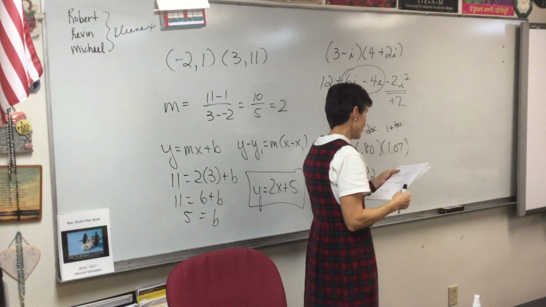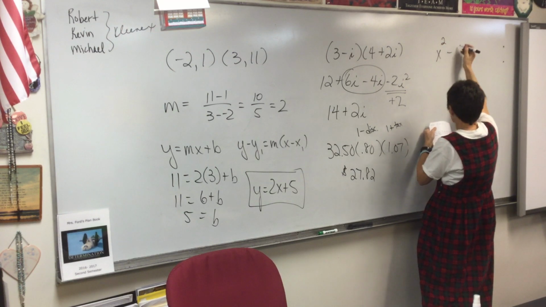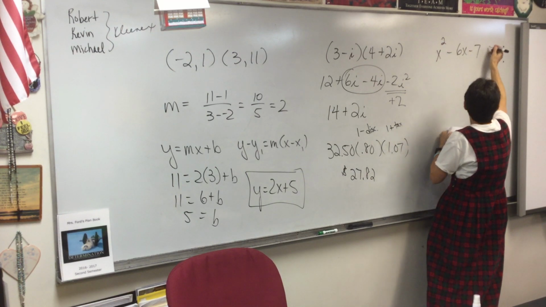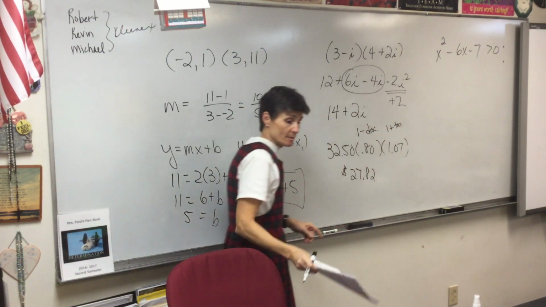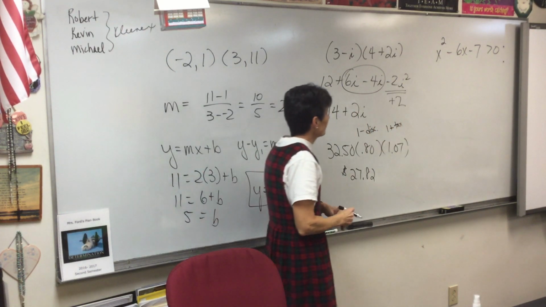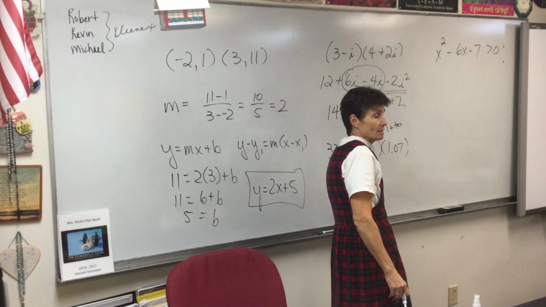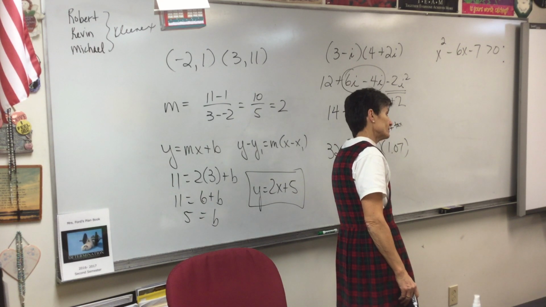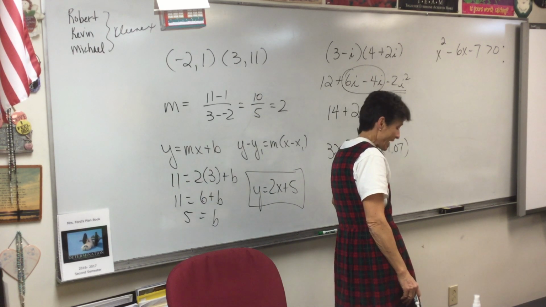All right, so now we've got number 28. I don't think we've done any of these in our reviews yet, so here we go. x squared minus 6x minus 7 greater than 0. Factor it.